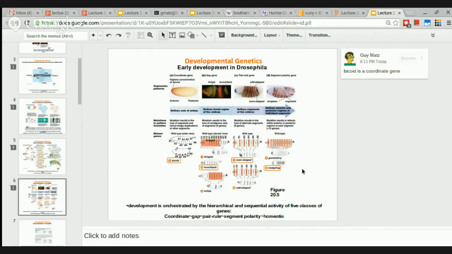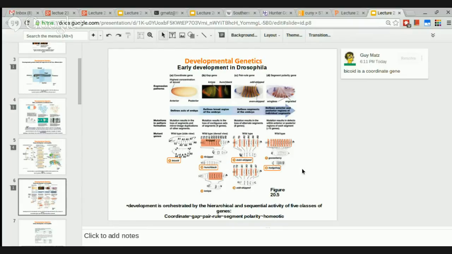These are mutants I showed you before, with two pairs of wings or a leg instead of the antenna, and that stands from the Greek for similar to. So homeotic genes, homeotic mutations, lead to the establishment of a completely different program for what's called a parasegment, which is half a segment, and they are actually activated by segment polarity genes.